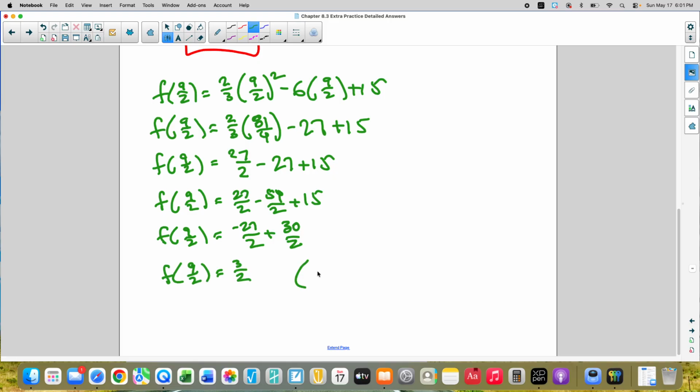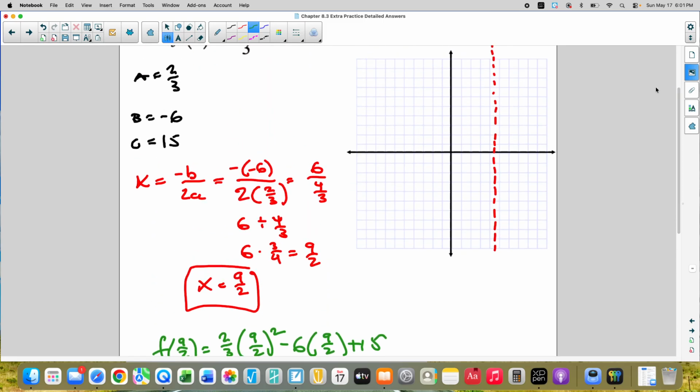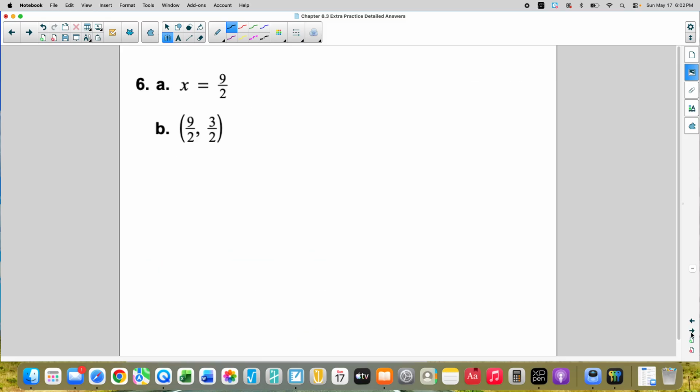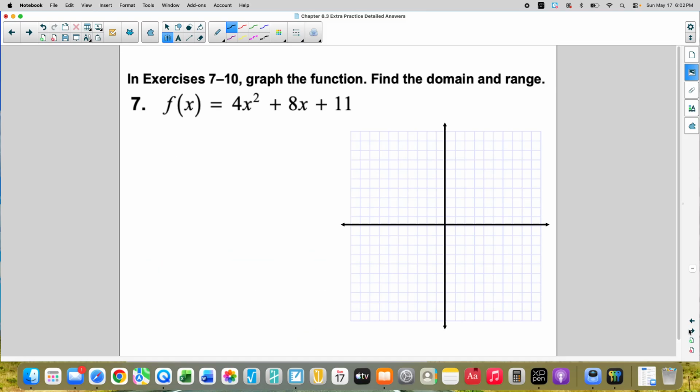Okay, so that is going to be, plug in my x. That's my y. So 9 halves, 3 halves. So it's going to be right here. And that's a U, so that's correct. And there's my shape. Yep, 9 halves, 3 halves. Awesome.